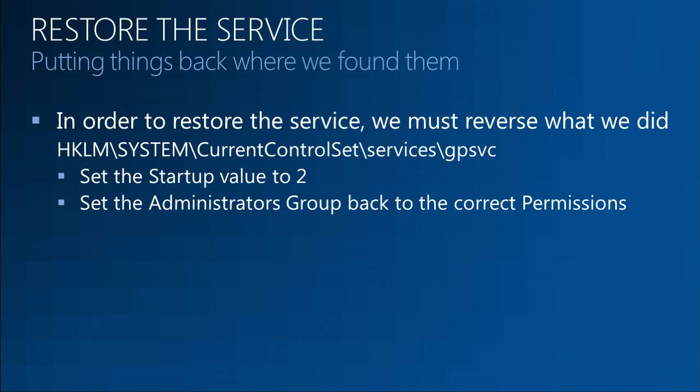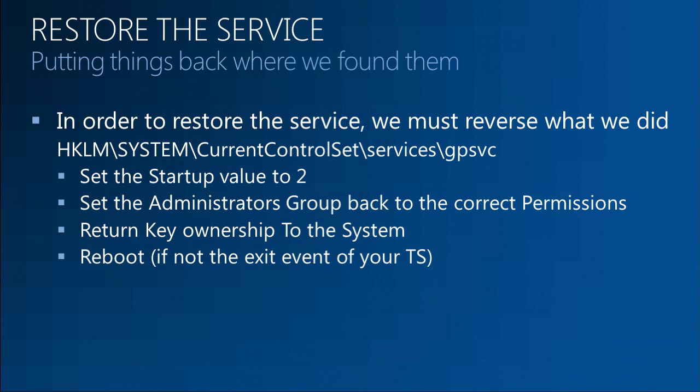If you do it in the other order, you won't be able to set ownership. So you return the key ownership to the system, and then you set the ACLs back the way you found them. And then if you don't have a reboot as the exit event of your task sequence, force a reboot or do an action that will drive a reboot at that time.